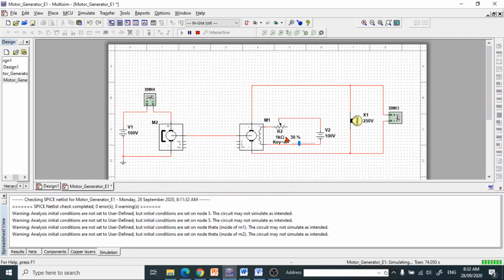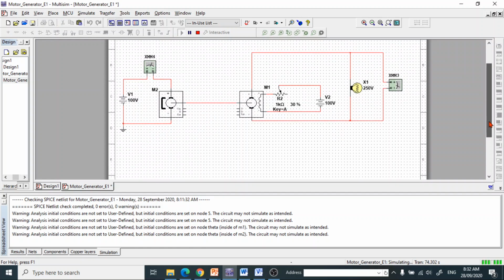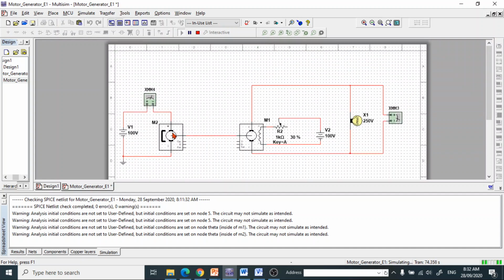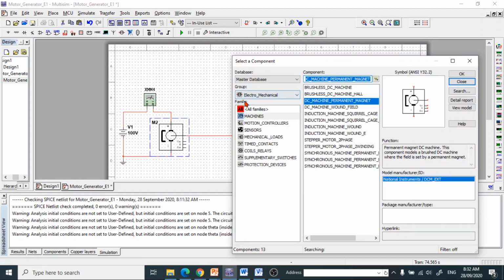This should be the setup for the permanent magnet motor coupled with the generator. To insert the permanent magnet motor, you go to this button, place electromechanical. You may click this one and click machines, and then click DC machine permanent magnet type.